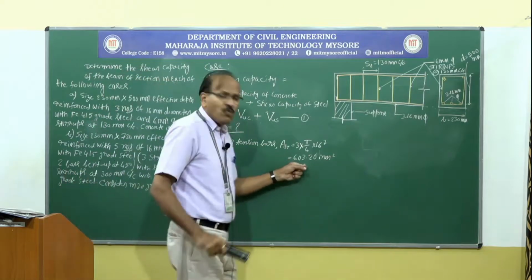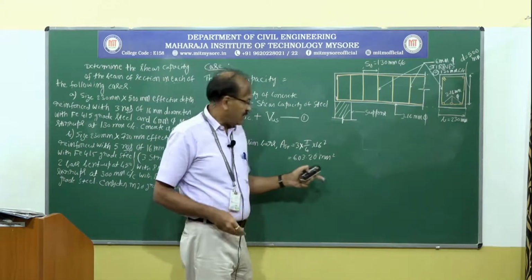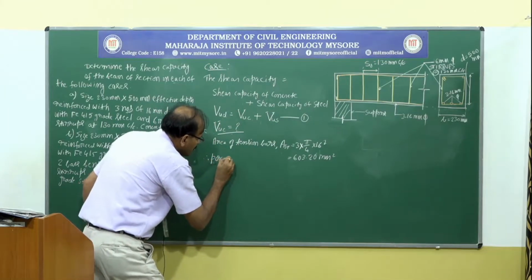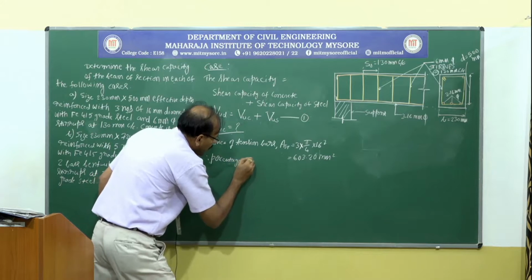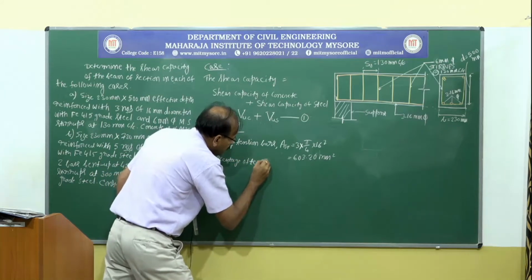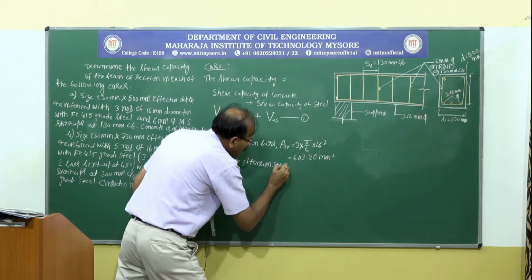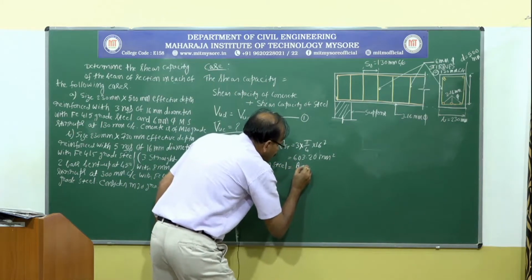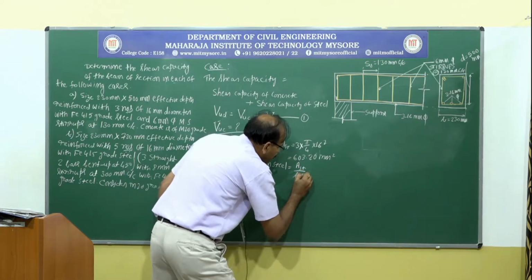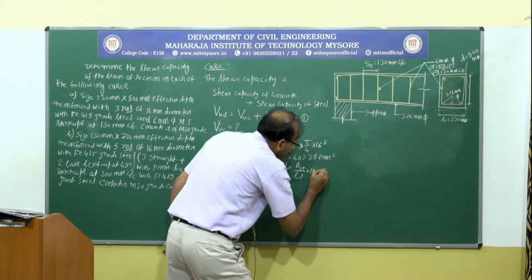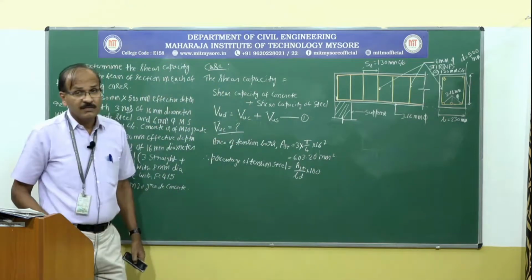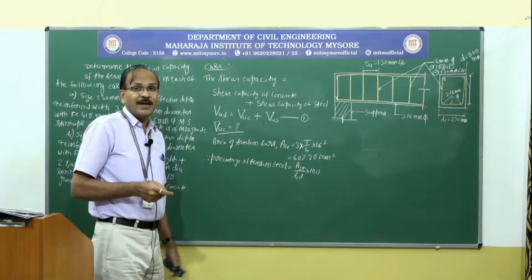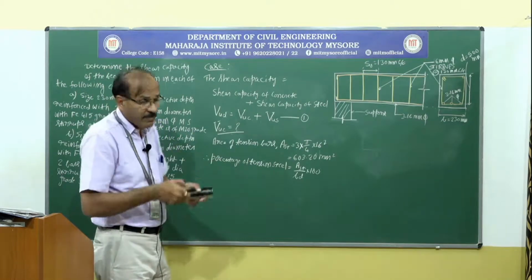Now I am going to find the percentage of this steel. Therefore, the percentage of tension steel is equal to AST divided by BD, multiplied by 100. In table 19, the leftmost column is given as 100 AS divided by BD.